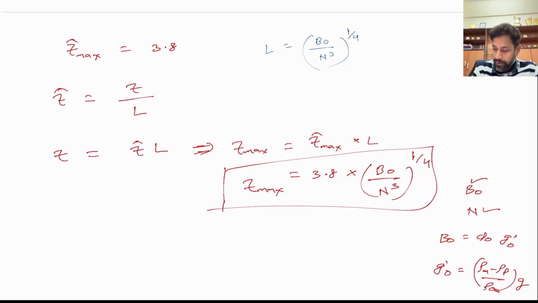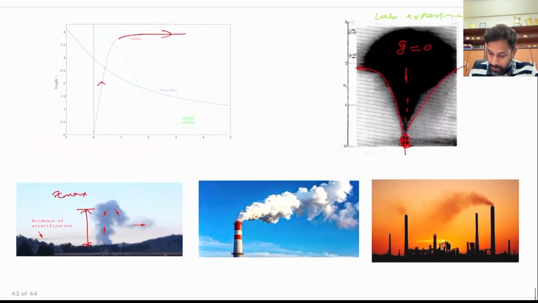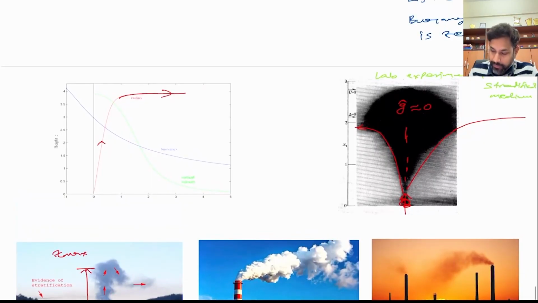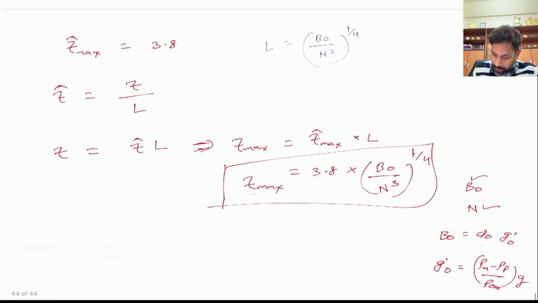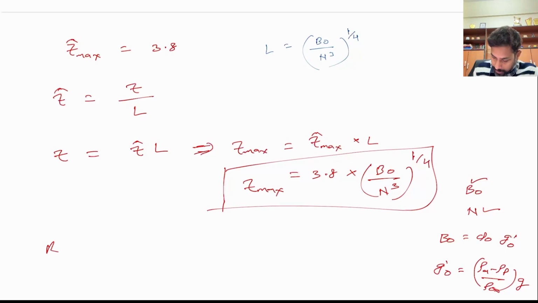Okay, and now that you have predicted Z max, you can also predict all other parameters. So if you want to find, based on this calculation, the reduced gravity or density at a particular height, you can just do that. So let's say you want to find the radius of the plume at Z equal to 10 meters, for instance. First convert Z equal to 10 meters into Z hat.